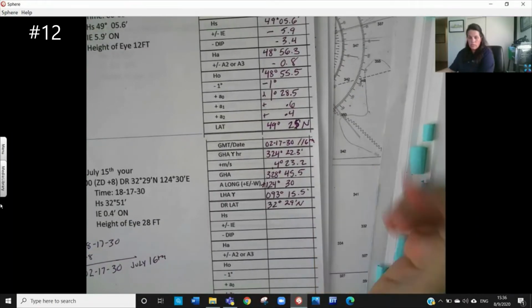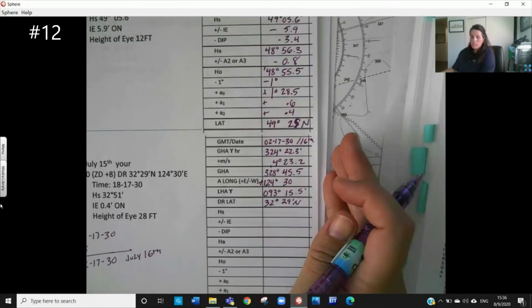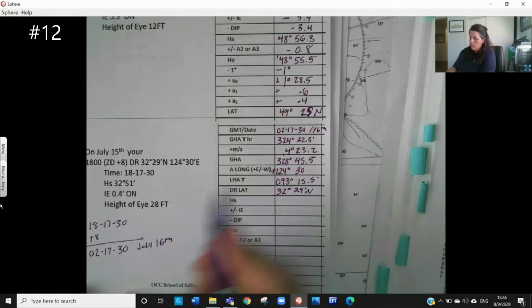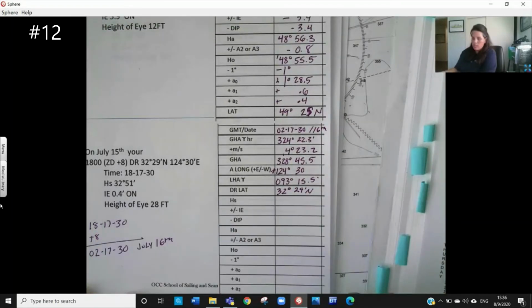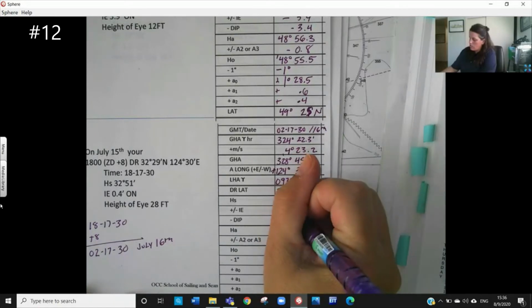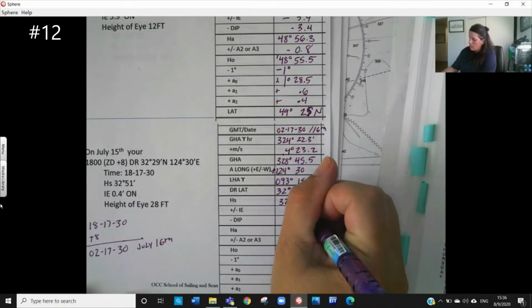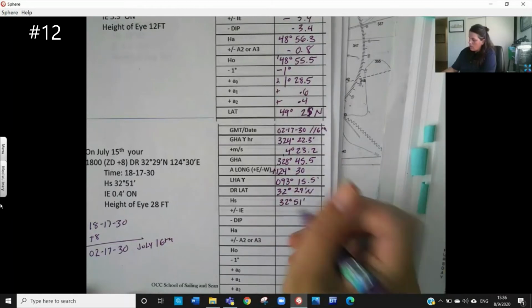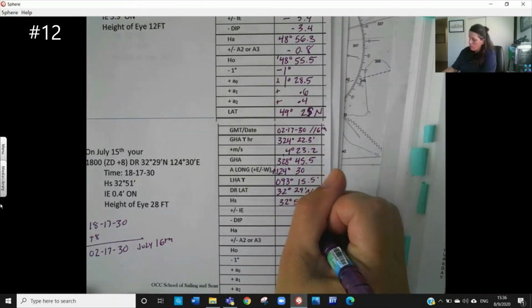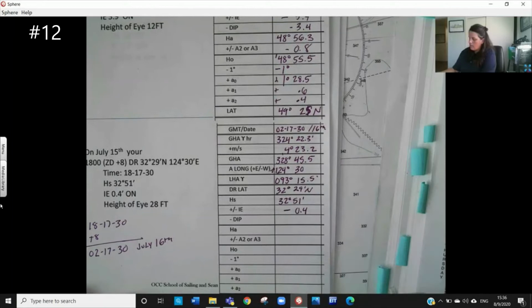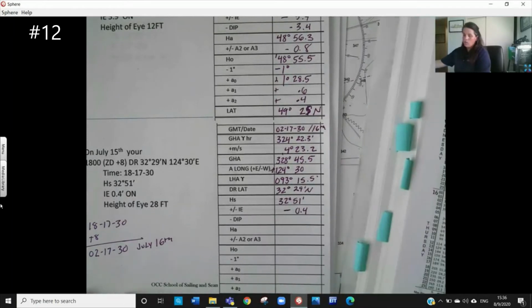Before we get into our correction tables in the back, we need to apply our altitude corrections. So our raw sextant altitude was 32 degrees, 51. Our index error was 0.4 on, so we need to take it off. Our dip was 28 feet.